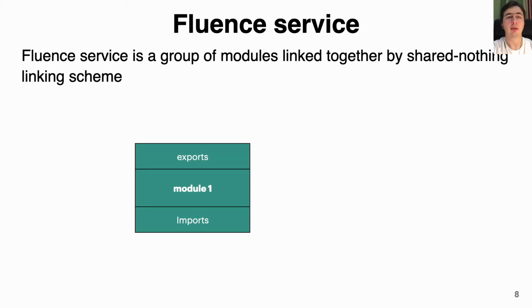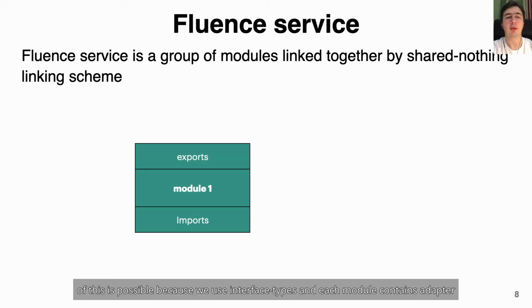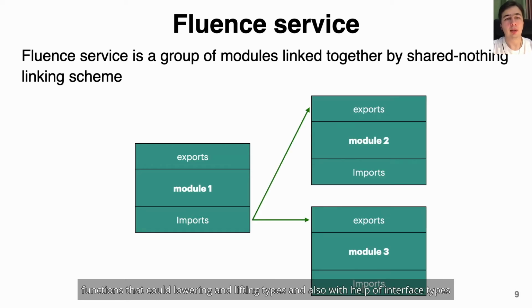All of this is possible because we use interface types, and each module contains adapter functions that can lower and lift types. With the help of interface types, our modules keep their state private and are linked together only by imports and exports.